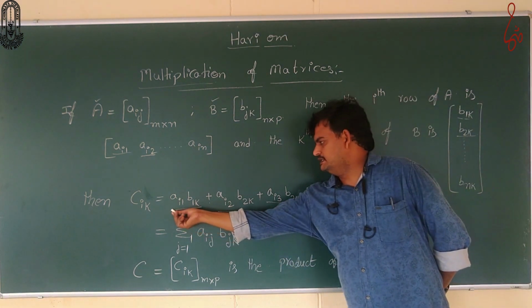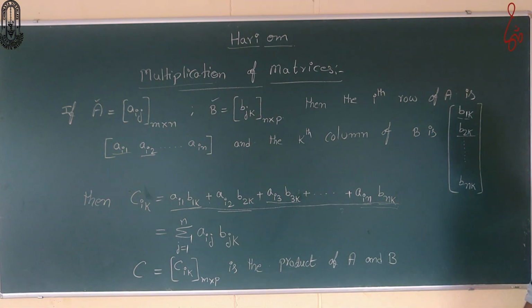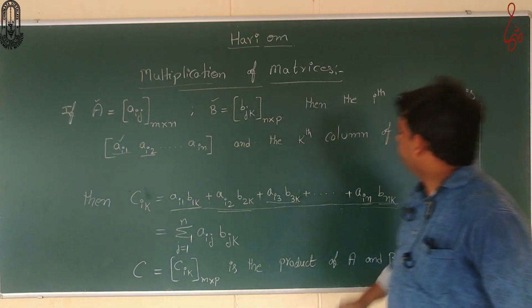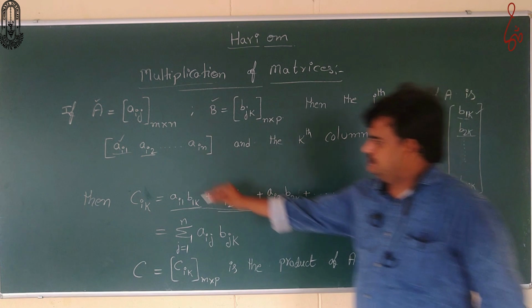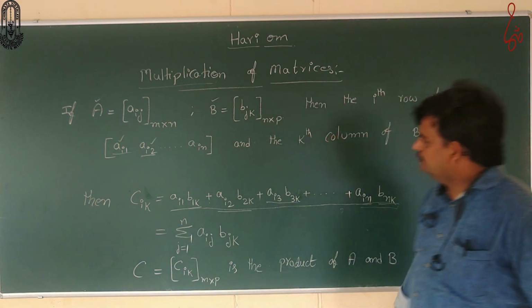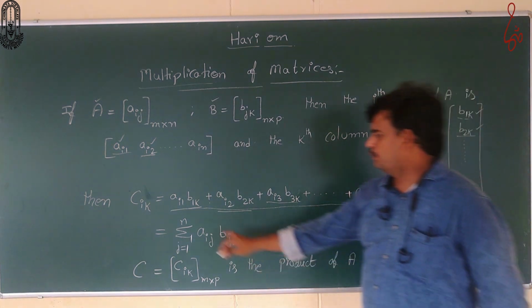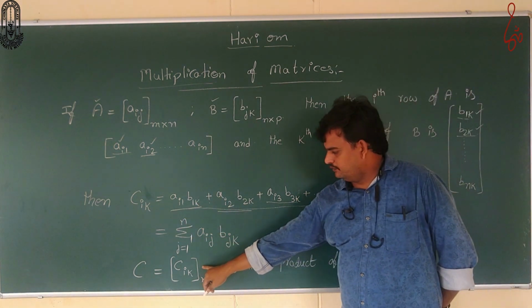So this is the way we need to find the product of two matrices. The first element in the ith row times the first element in the kth column plus the second element in the ith row times the second element in the kth column. Like that, the product and the sum gives us the product of the matrices.